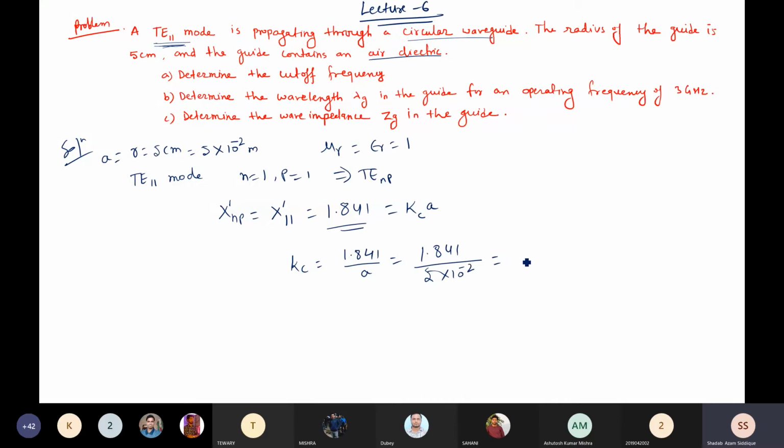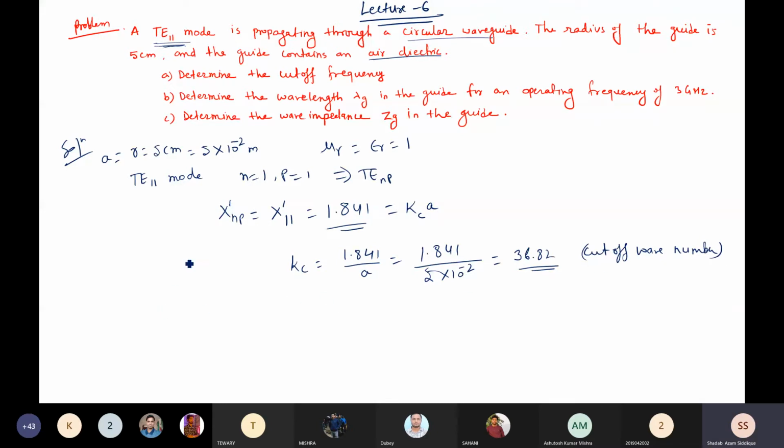If you find the solution, you will get 36.82 as the Kc value. This is called the cutoff wave number, we have Kc.